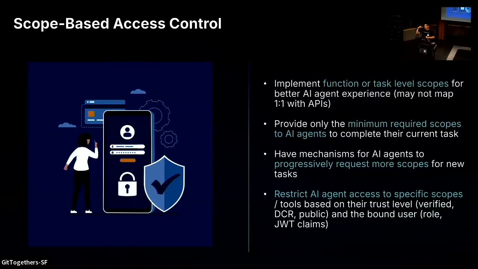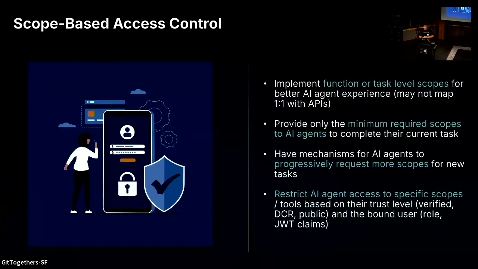Or a tool might do some custom business logic and then execute an API, something like that. And so you want to have a scope defined for that specific tool, and you want to define a human readable description of what that is, so that when the agent actually asks for that scope and the user goes through the login process, they're aware of what the agent is asking for permission for.